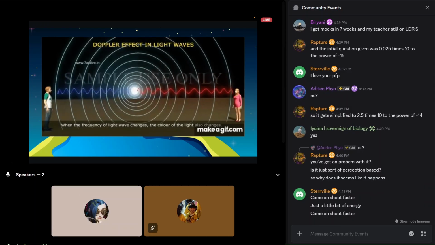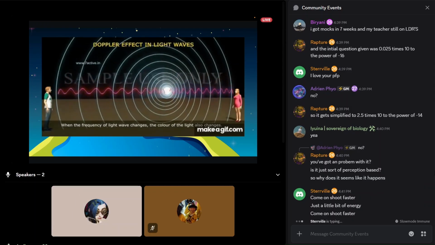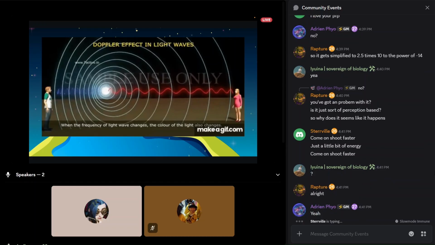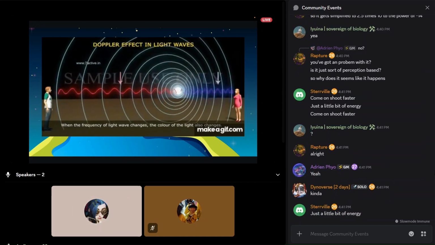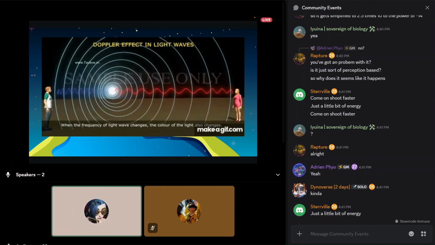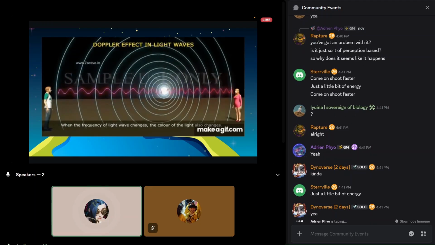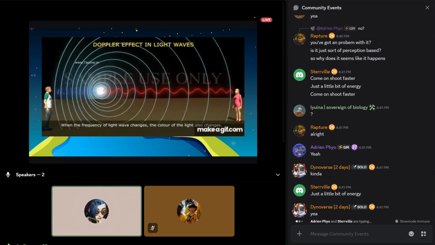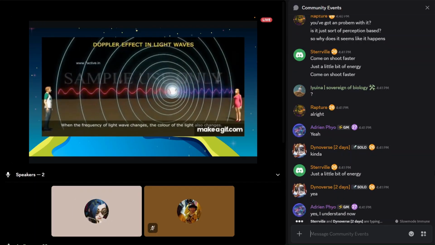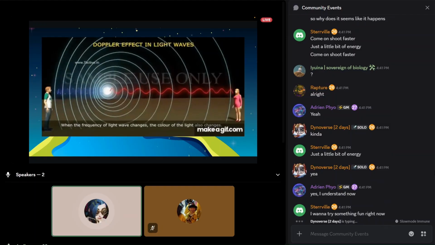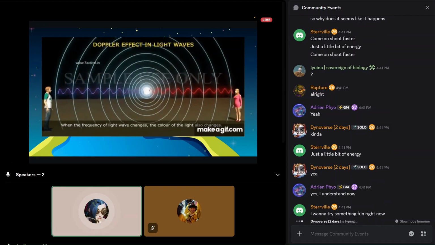Get it? It's like the sound when a car moves past you. It gets higher when it's moving towards you, and then away from you it gets lower. It's the same effect. Okay, next, please.